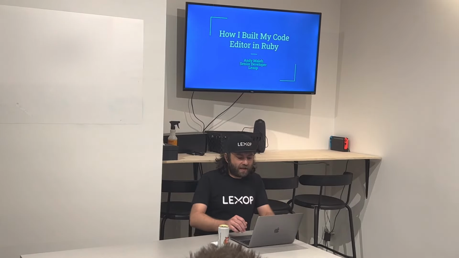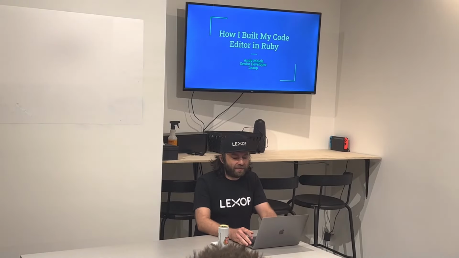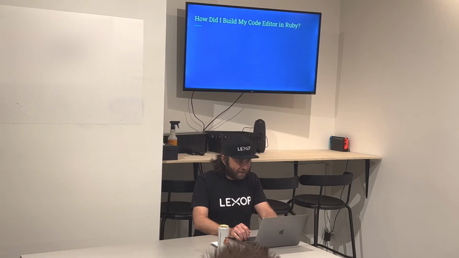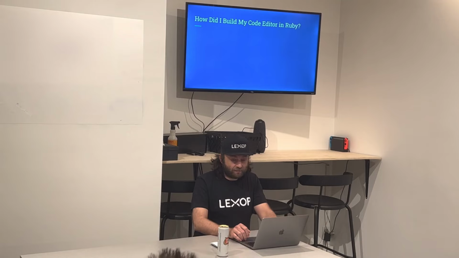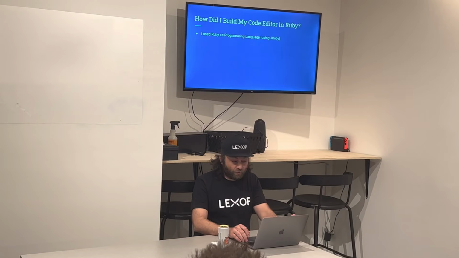Okay, so the title of the talk tonight is How I Built My Code Editor in Ruby. So let's get started with this question right away. How did I build my code editor in Ruby? So yes, I used Ruby as a programming language using JRuby.